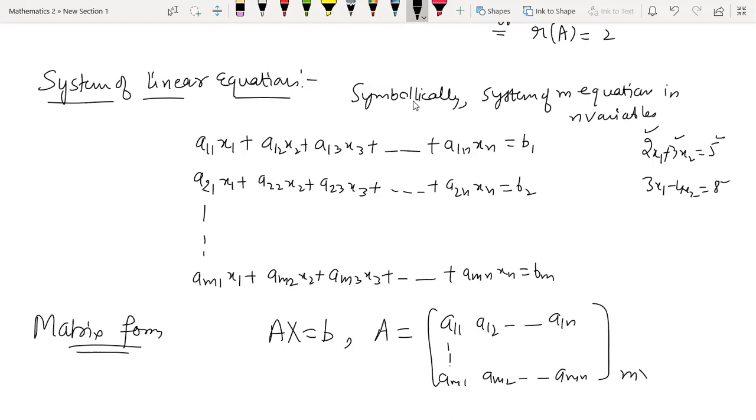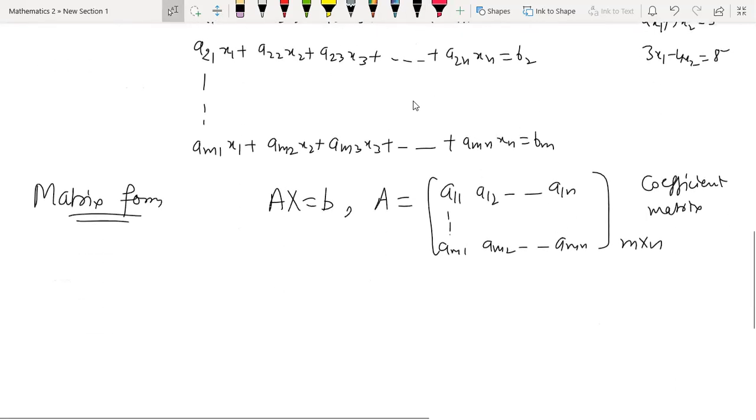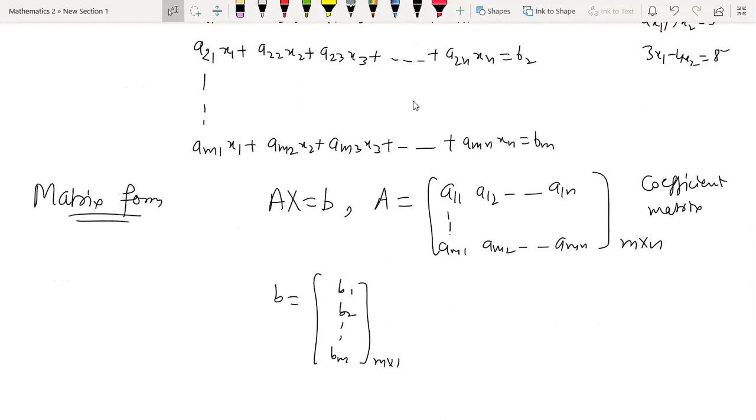So this is an m cross n matrix, known as the coefficient matrix. And b is known as the right hand side vector, because it's just a column, b1, b2, bm. So it's an m cross 1 column vector. It's just one single column. And x we know is the unknown, x1, x2, xn.